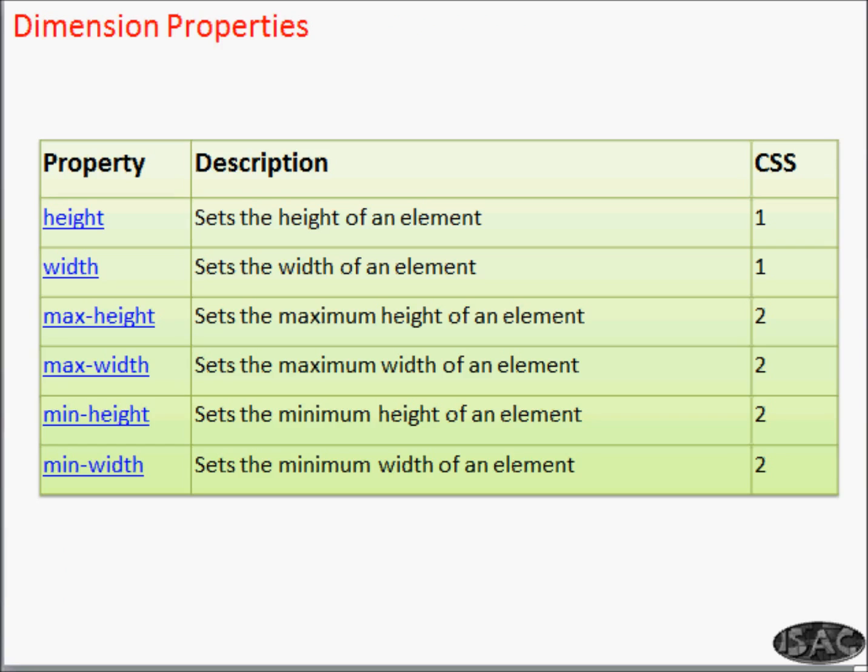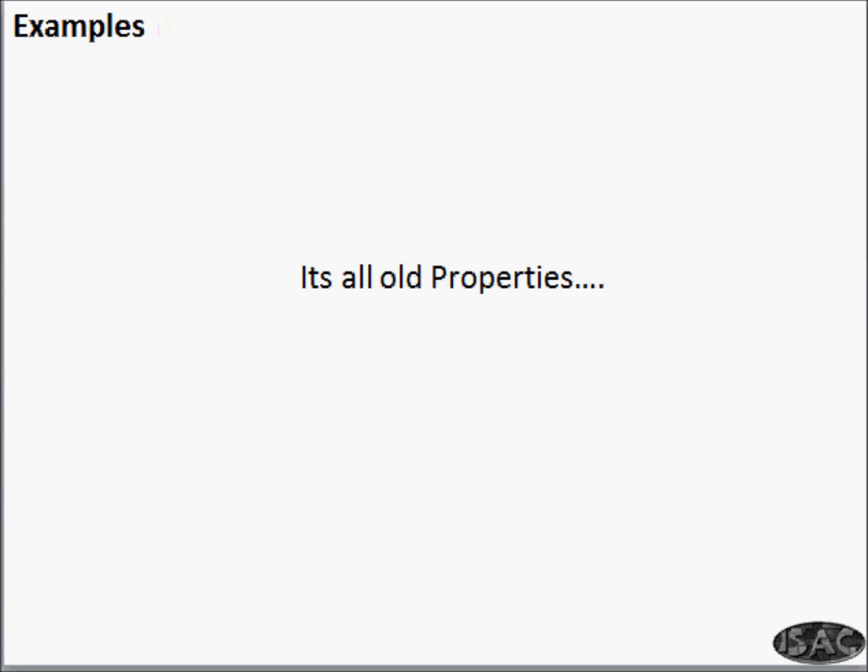Another group is the dimension properties that I showed in the first grouping of properties. These are very old, from CSS1 and CSS2: height, max width, minimum height, minimum width.